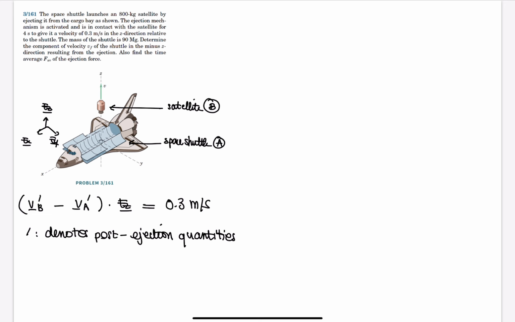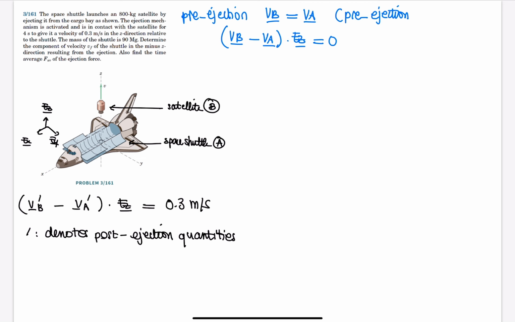So then, before the satellite was ejected from the space shuttle, pre-ejection, the two bodies were moving at the same velocity. So VB would be equal to VA pre-ejection. So in particular, VB minus VA dot EZ is equal to 0. So these are the pre-ejection velocities. Okay, so let us see.